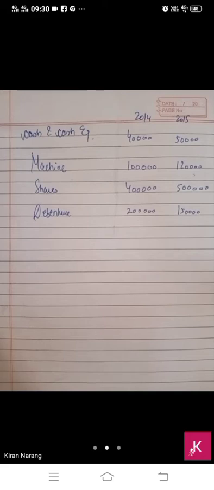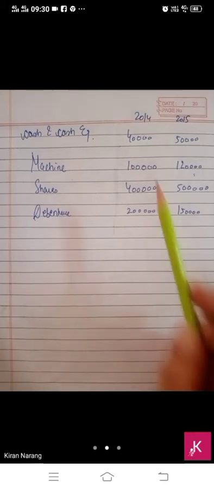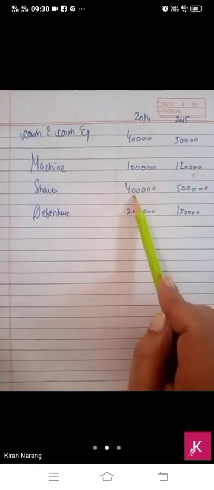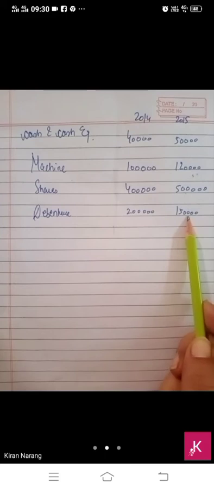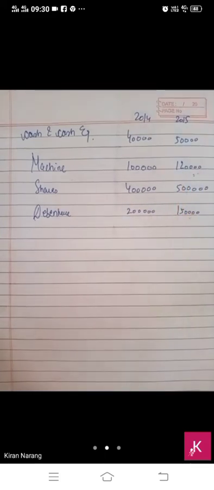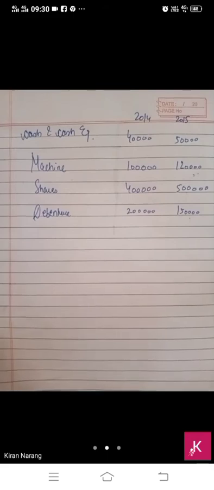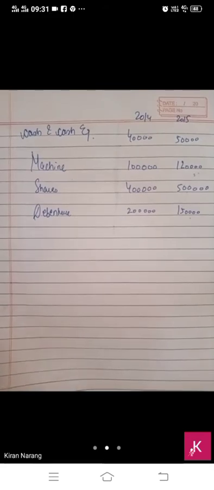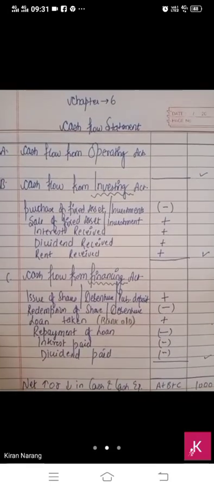Nearly 90% depends upon the difference. This is purchase of fixed asset, issue of shares, redemption of debentures. Everything will be given in two figures, and you have to take the difference. For 90% of items you have to take the difference. So in this way, children, you will calculate the cash flow statement.